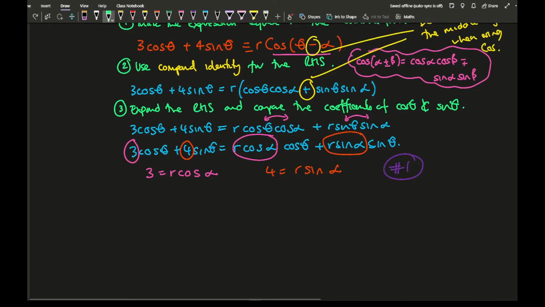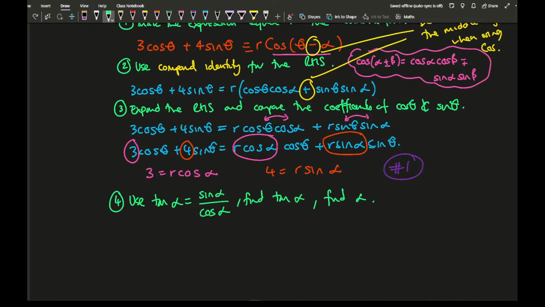Now the fourth step is then use tan alpha equals sine alpha over cos alpha, find tan alpha and then find alpha. So from this, I'm going to use these two things here.